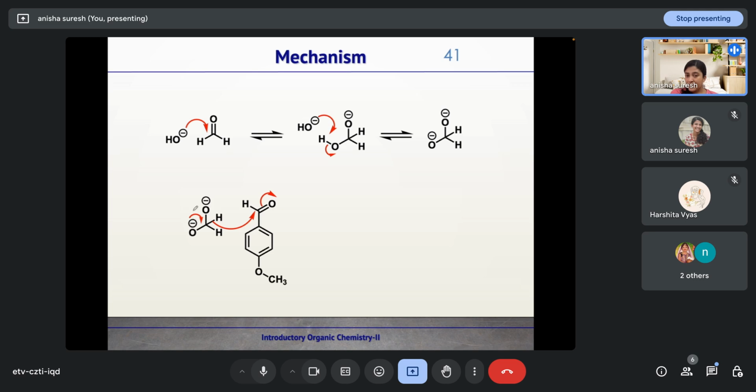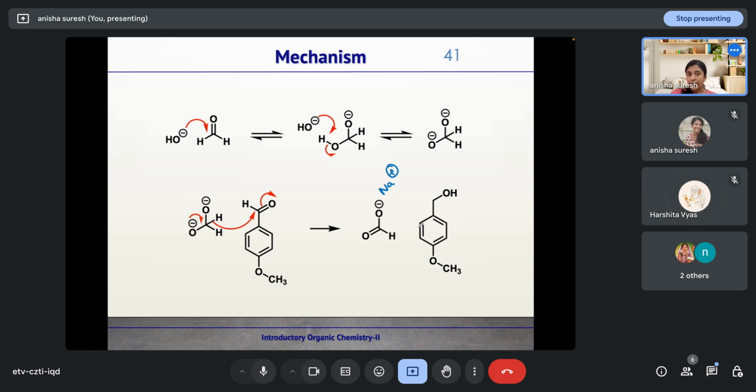When this O minus falls, the hydride will be removed and it will add on to the benzaldehyde that is present, and we will get this alcohol and this carboxylate. This will coordinate with Na plus to give this salt. So this will be the final product that is formed. Clear?